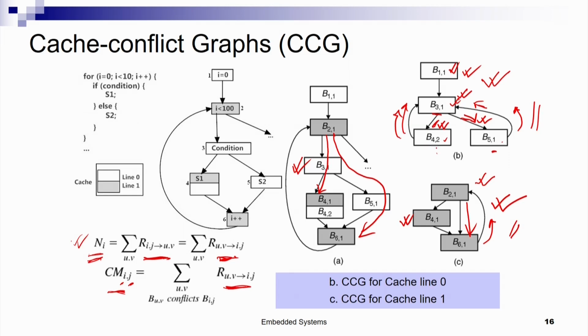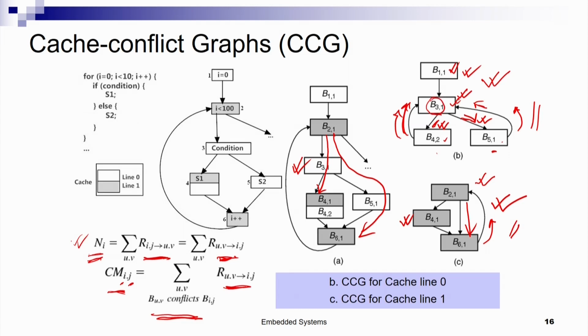So, the number of times this inflow is conflicting, meaning that the contents of UV will be replaced by the contents of IJ in the cache line. So, for cache line 0, let us say B42 is conflicting with B31 if B42 replaces the contents of B31.